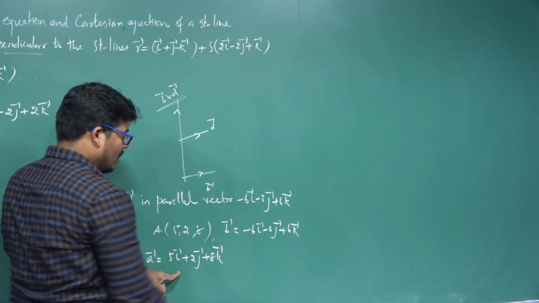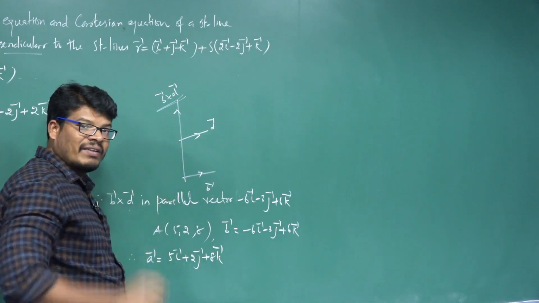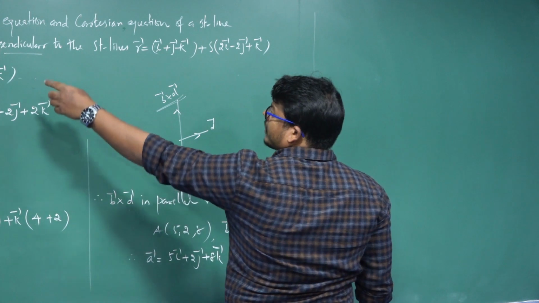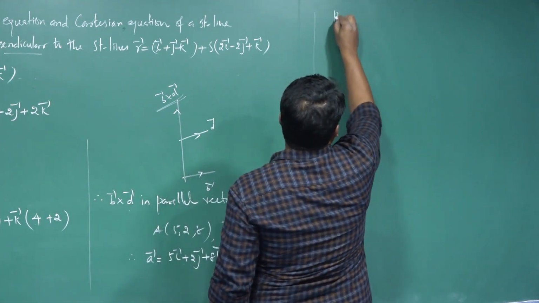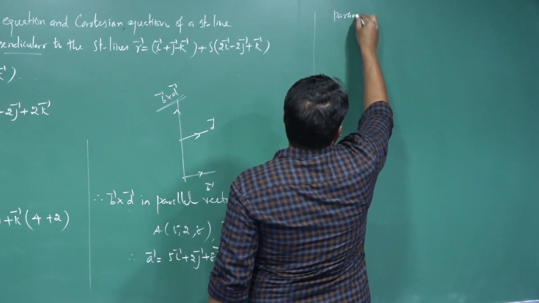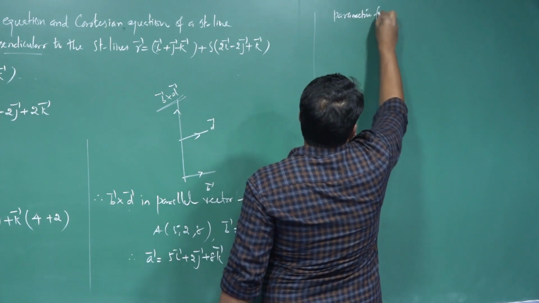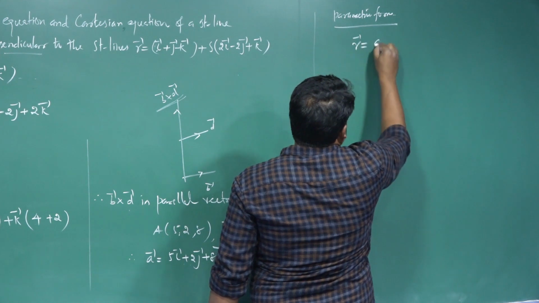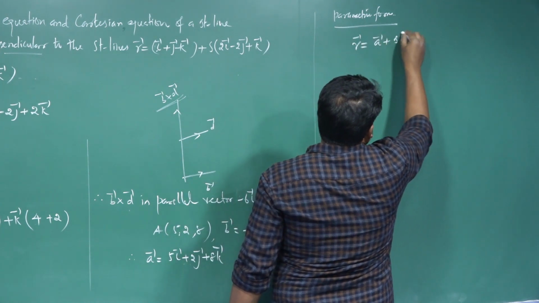One point and one parallel vector: find the equation of the straight line in parametric form. The parametric form of the vector equation is R vector equals A vector plus S times B vector.